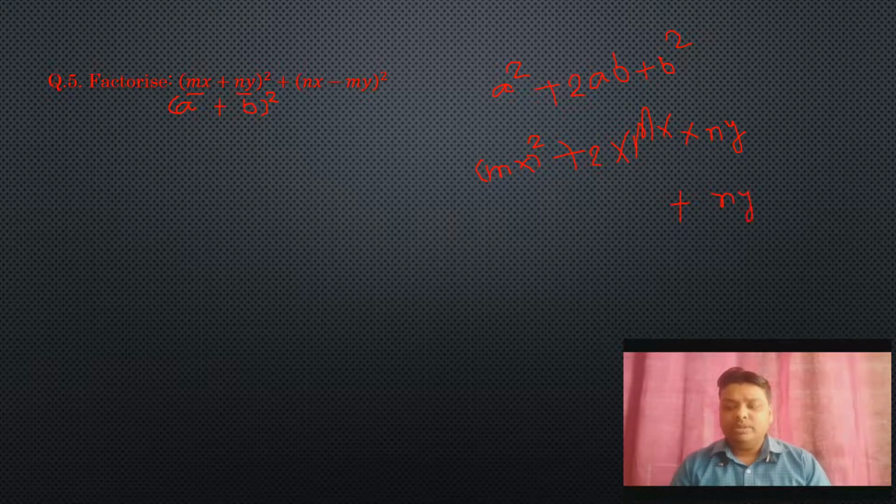Okay, same as if you see this, if we assume nx as a and my as b, then it is based on the formula a minus b to the whole square. Then what will change? Here only this sign will change, plus will be minus, but everything else will be the same.